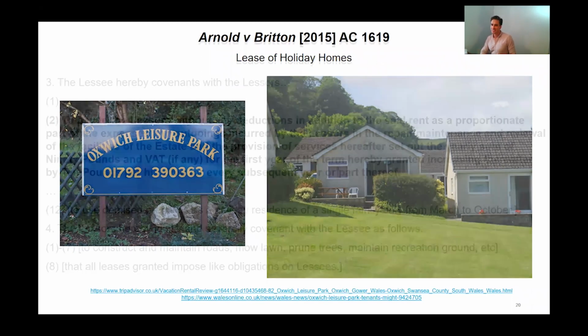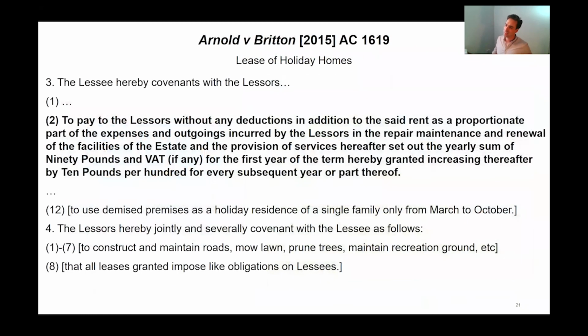So anyway, there were quite a number of these leases, and they were executed around 1980, 1985, 1990. Pursuant to the lease, the rent was £10 per annum, increasing by £5 per annum.